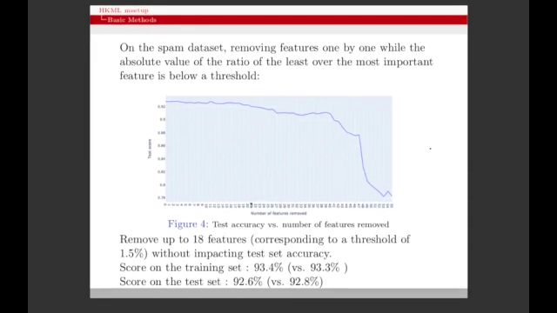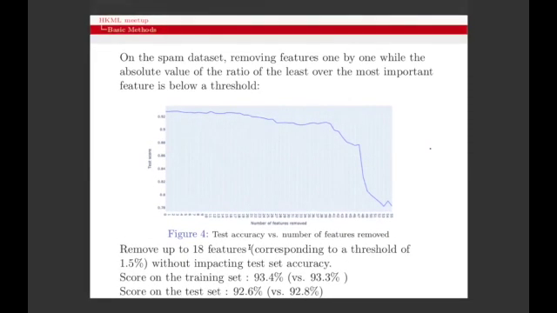The stopping criterion that I chose is that I want the ratio of the least important feature over the most important feature to be above 1.5%. This is a bit arbitrary, but it's what makes us stop at 18 features.